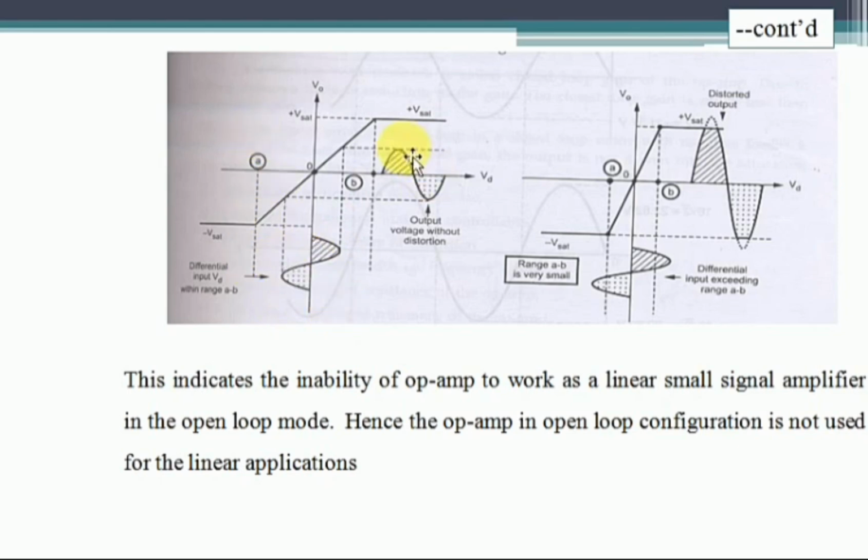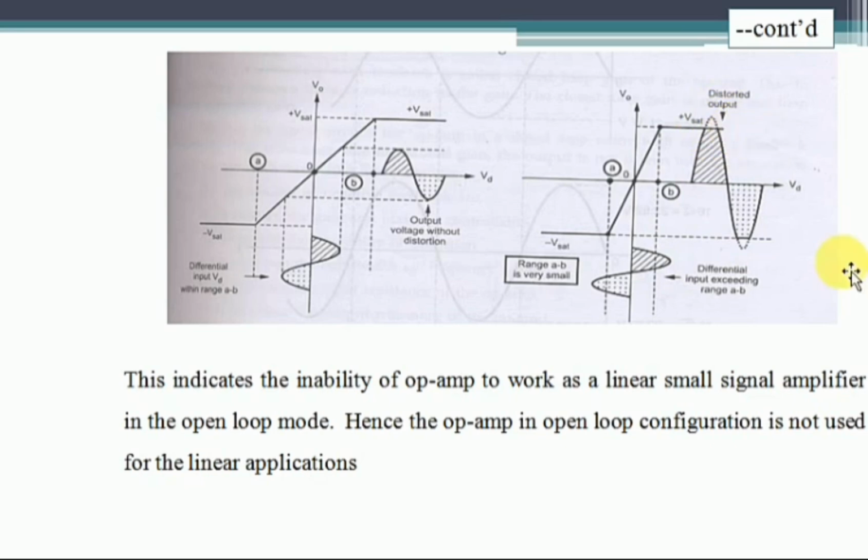Within the linear mode, if the input voltage is within the linear values, then the output signal will be a perfect signal, with no information loss. If the input signal exceeds the boundary values of the differential voltage, then we get a distorted output signal, meaning some information will be lost.